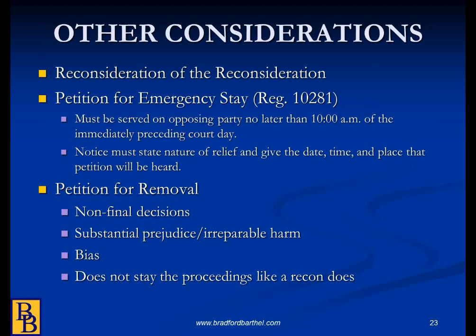They have 2 options at that point. They can file a reconsideration of that decision, or they can file a petition for writ of review, and those respective timeframes would still apply. So in this example, the Recon unit reverses, you have 20 days plus 5 for mailing to file your petition for reconsideration of that decision, or you can file a writ, which we'll talk about in a moment. That gives you 45 days from that decision to file.